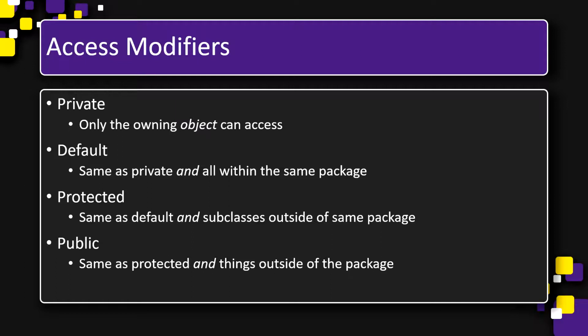Now, what's unique about default is it's never an access modifier that you explicitly prescribe to a method or to a variable. Instead, this is what happens when you don't put an access modifier onto a method or onto a data object. So what you should do is always explicitly state what your access modifier is, for two reasons.